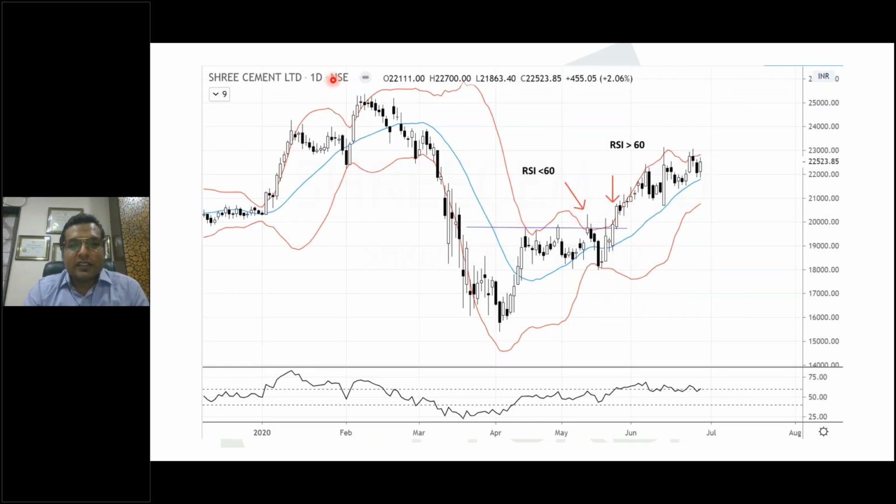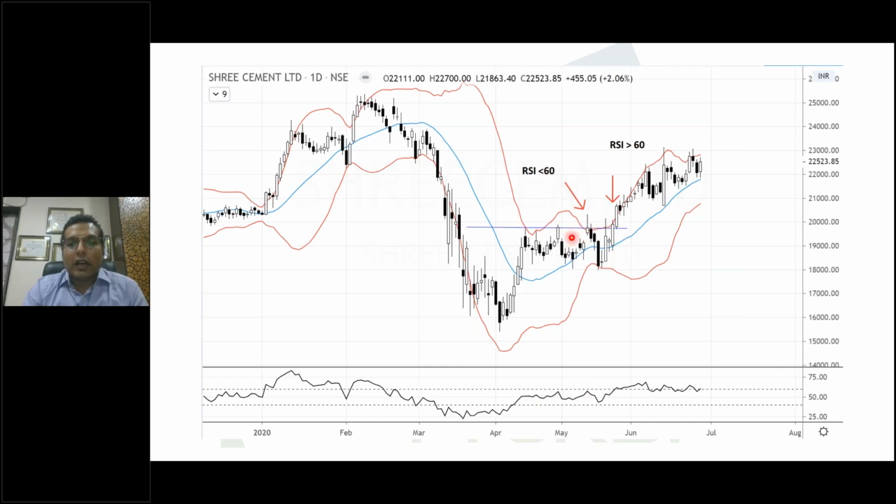Again, see this Cement daily chart. We have this cup and handle type of formation, whatever you call it. Then there was this breakout, and the bands were also expanding, but was the RSI above 60? No, it was below 60. It was between the 60-40 levels. So this breakout didn't succeed.